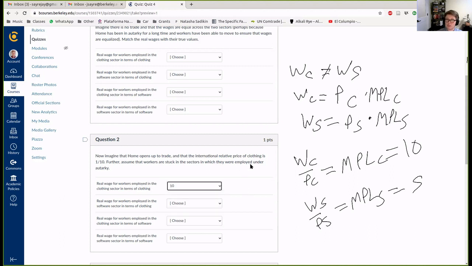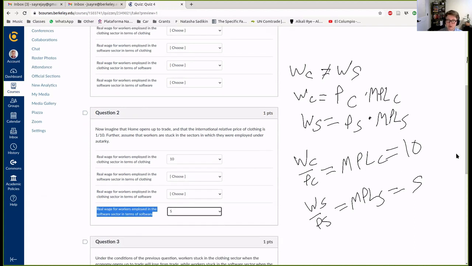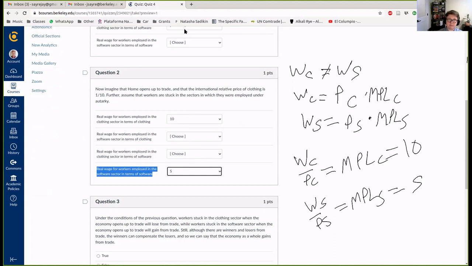That doesn't change when we open up to trade. Likewise, the real wage for workers employed in the software sector in terms of software is WS over PS, so that's always going to be 5. It doesn't matter whether or not we're in trade or not.